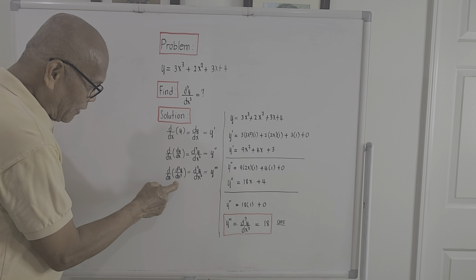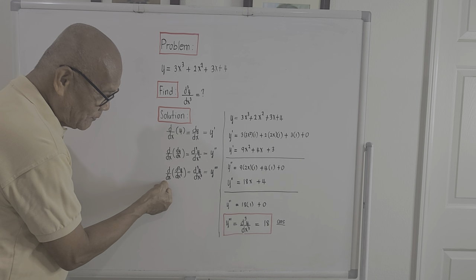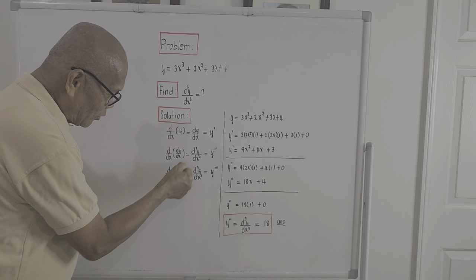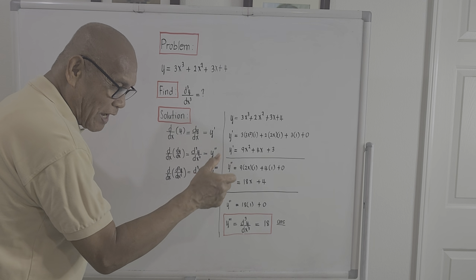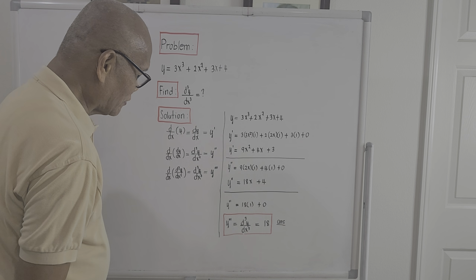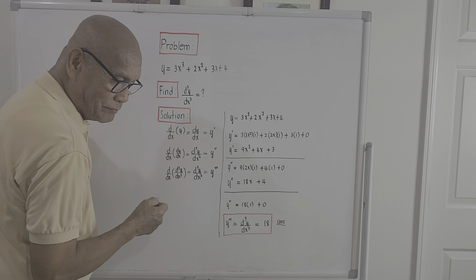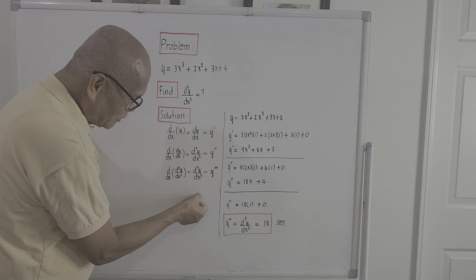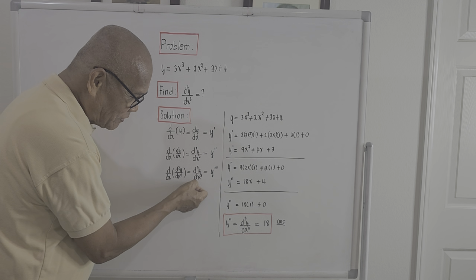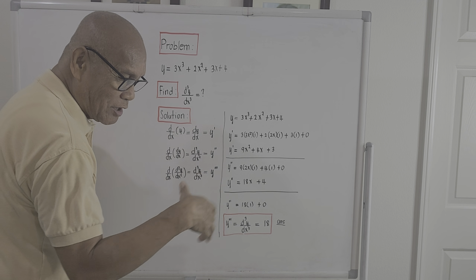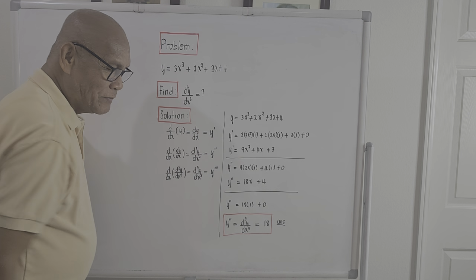If we take the derivative of the second derivative, that is the derivative with respect to x of d squared y over dx squared, the simplification is d cubed y over dx cubed. This is the third derivative, with the power 3. The simplified equivalent is y triple prime.